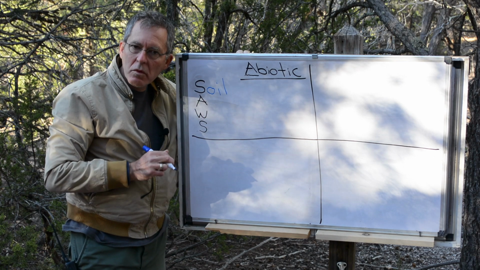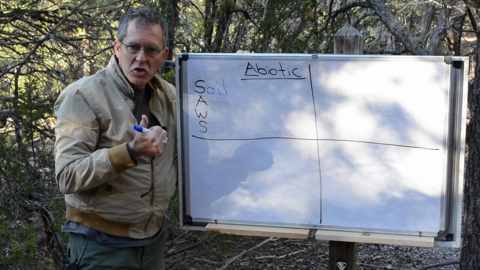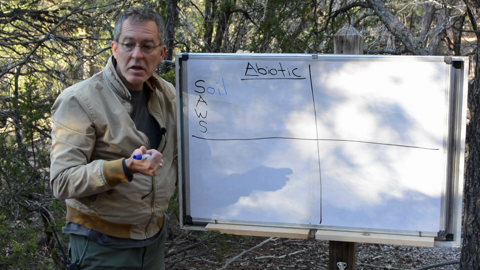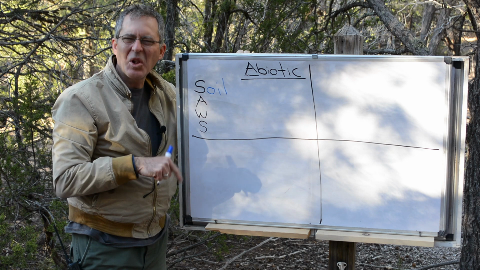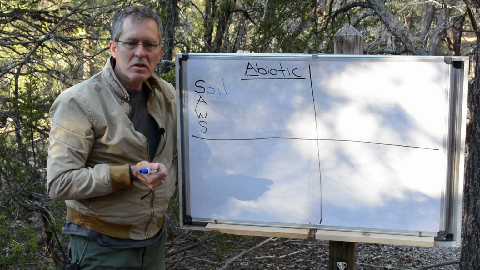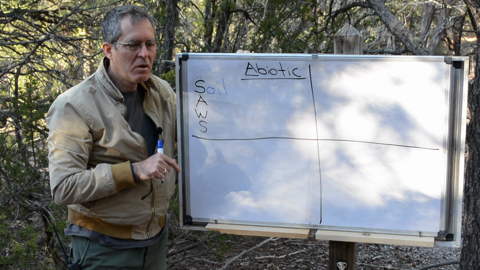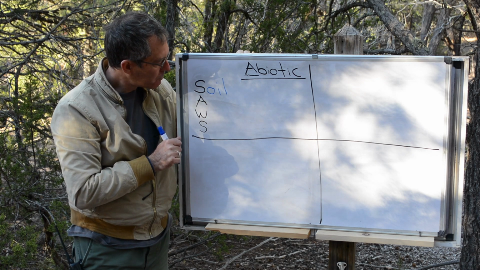So soil, when we're talking about it today, as far as being abiotic, it's the dirt, the rocks, like the sandstone that we wrote up there before. Clay comes from the soil, and then of course sand, all that kind of stuff. Not the dead stuff in there just yet, but just the dirts and the rocks.